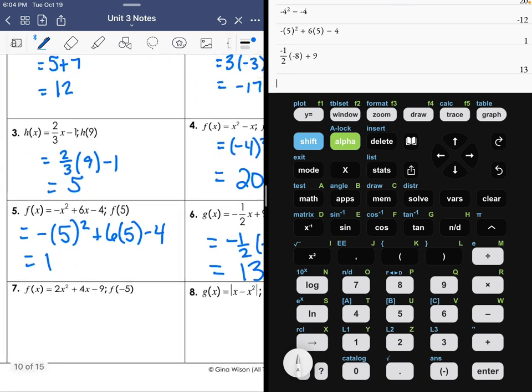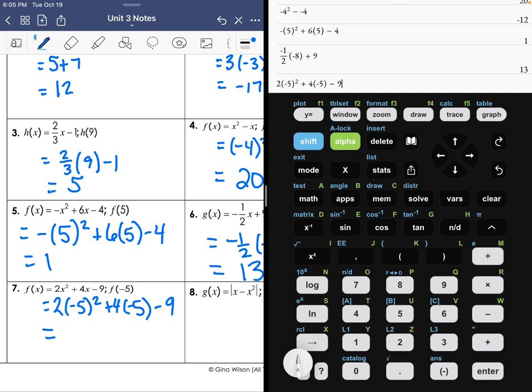For this next one, I'm going to have 2 times -5 squared plus 4 times -5, that's a mess, minus 9. And so I'm going to type that in just like it looks with all those parentheses. Otherwise, that's a negative. So that square is not going to do what I want it to do if I don't have those parentheses there to tell it, hey, I want you to square -5, not just 5, and put a negative on it.